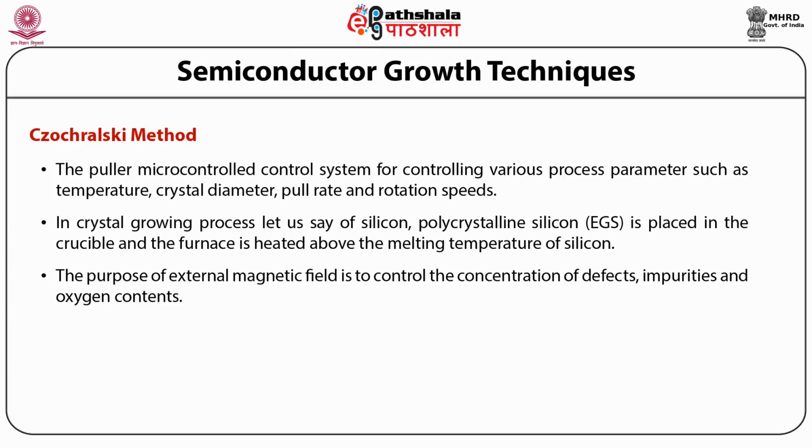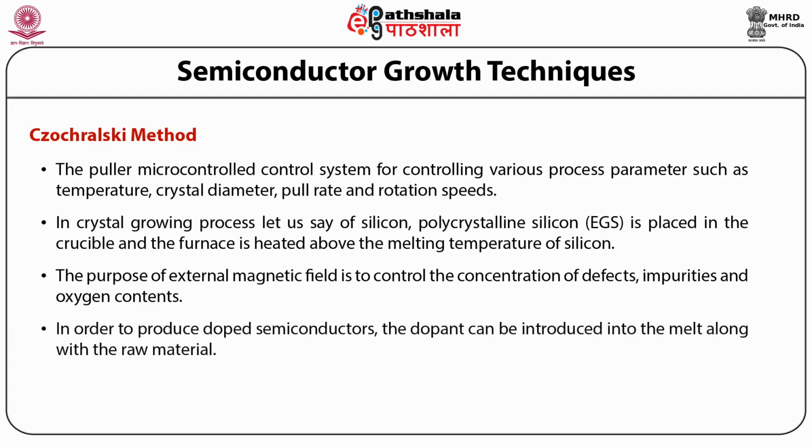Now students, as you can see in this figure, there is a boron trioxide cap which is essential for capping the silicon melt, and also in gallium arsenide melt it prevents the arsenic loss when the pressure on the surface is above atmospheric pressure.